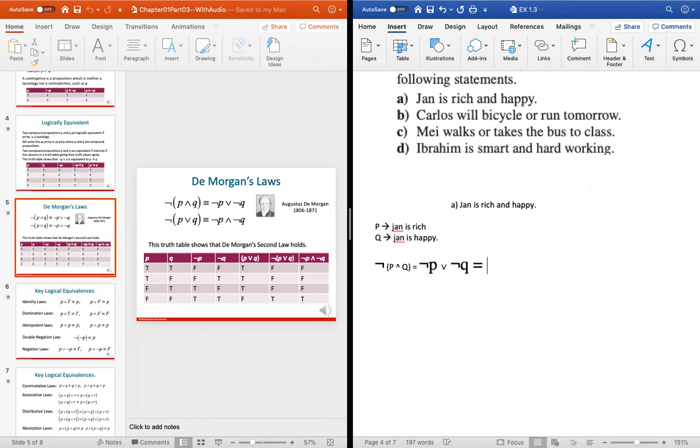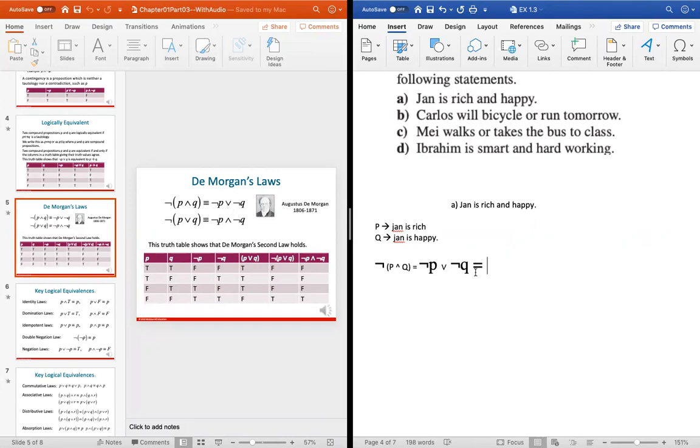So now we just replace these P and Q with the words. Isn't that supposed to be and? It says Jan is rich and happy. Yeah, but when it's and, when you apply De Morgan's law, it becomes or. Okay, it's the same as that.